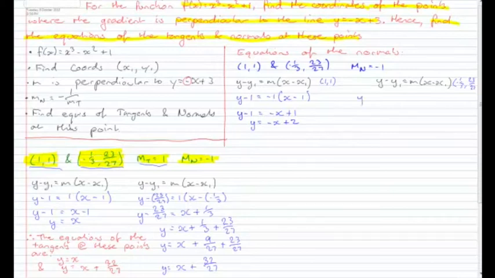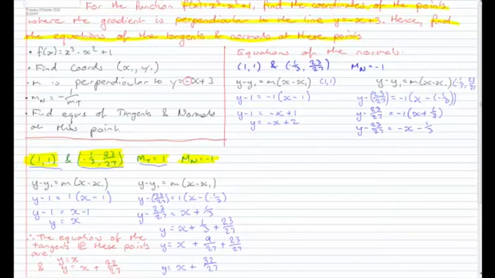Next equation now, you get y minus y1 being 23 over 27 is equal to m being -1, x minus x1 being -1/3. Go through and simplify now, so you get y minus 23 over 27 is equal to -1 bracket x plus 1/3, which gets us y minus 23 over 27 is equal to -x minus 1/3.